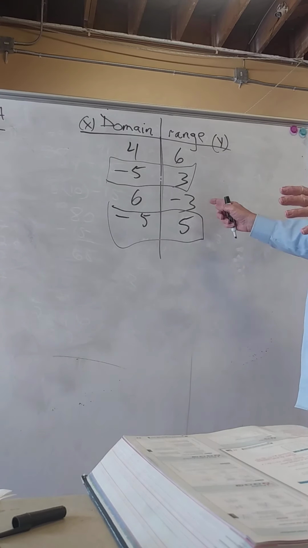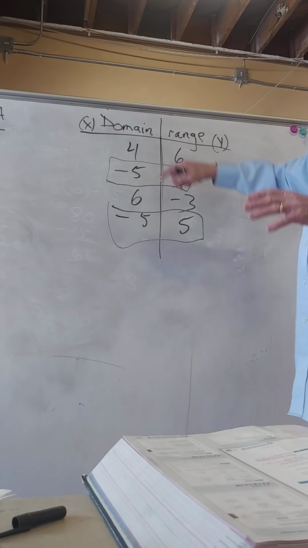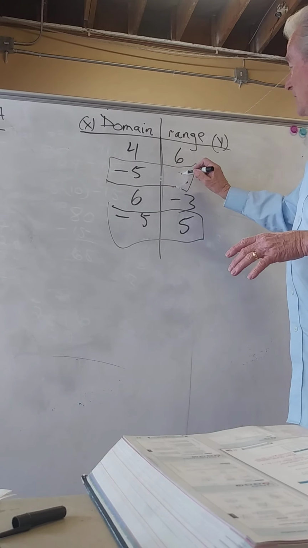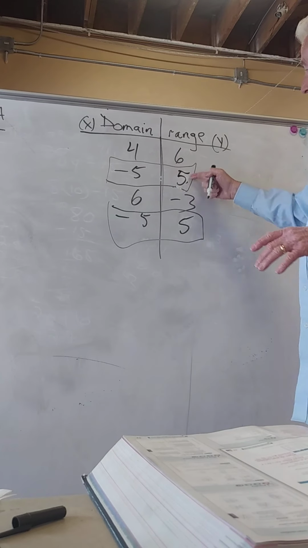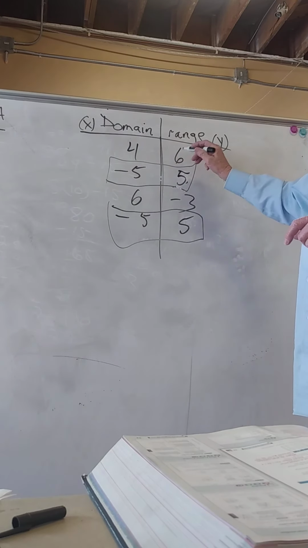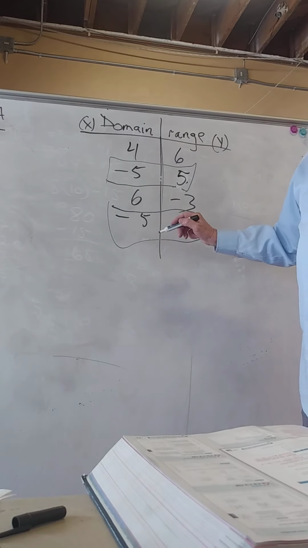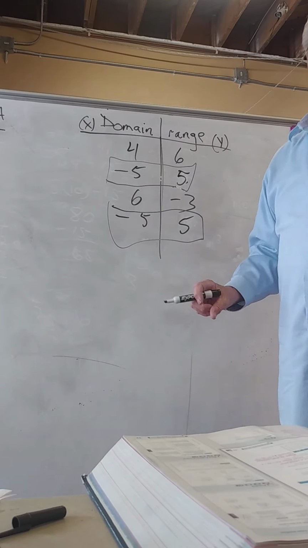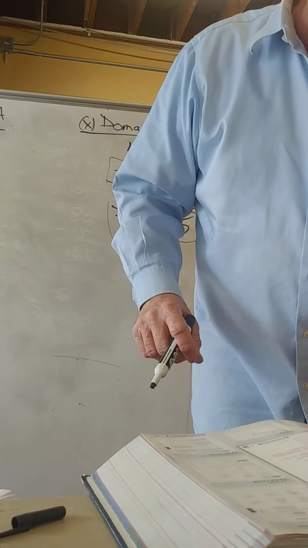That cannot be. Okay? You could list it again, but the number that it relates to has to be the same. If you have two of the same number and they're different y values, then it is not a function. And that's all that this is showing us here.